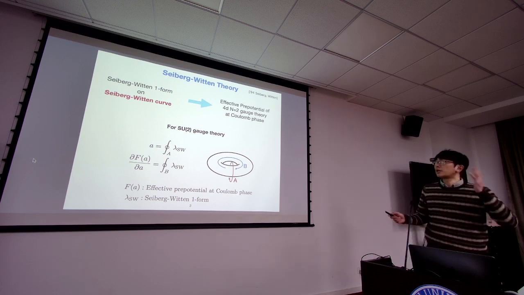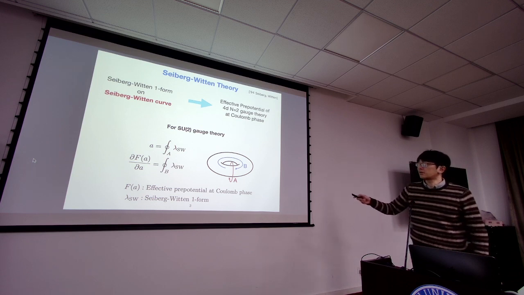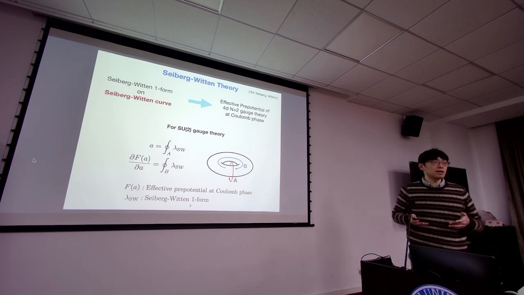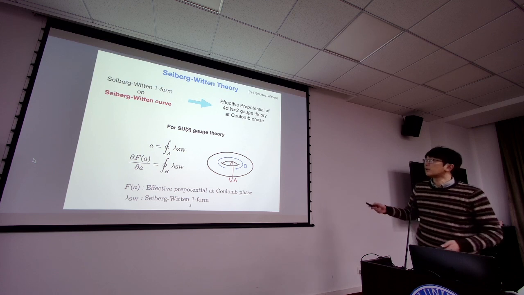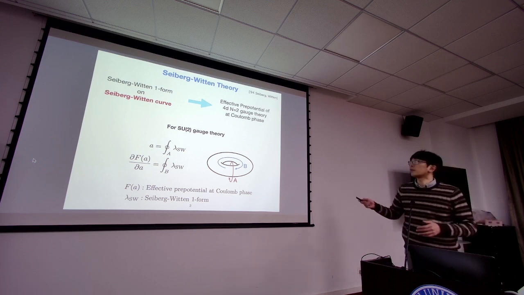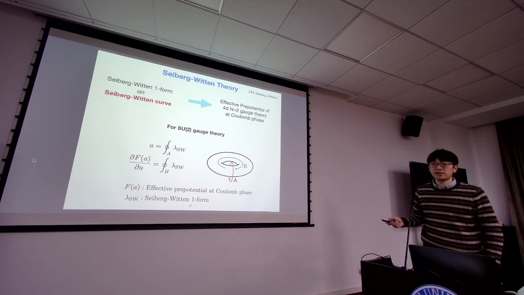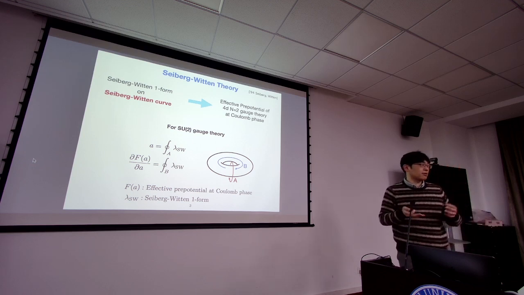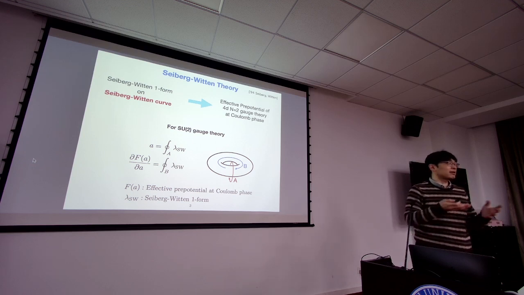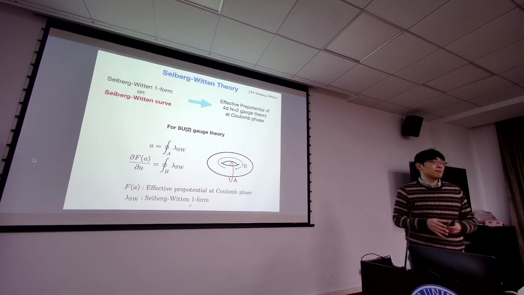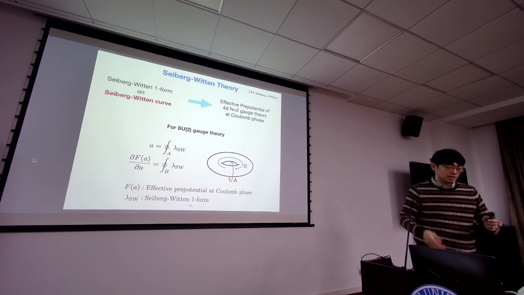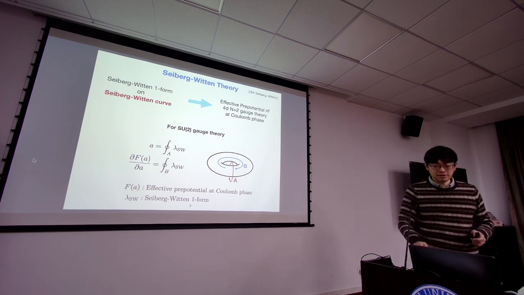So, giving the Seiberg-Witten curve and Seiberg-Witten one-form is to give the low energy physics of the given 4D N=2 gauge theory. In this way, finding the Seiberg-Witten curve for a given gauge theory is one of the very important issues in supersymmetric gauge theory.